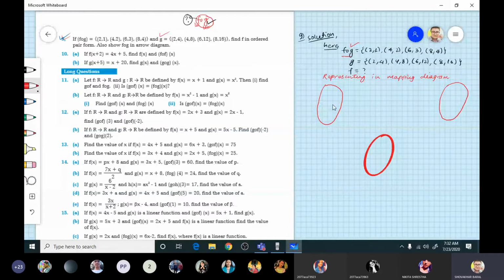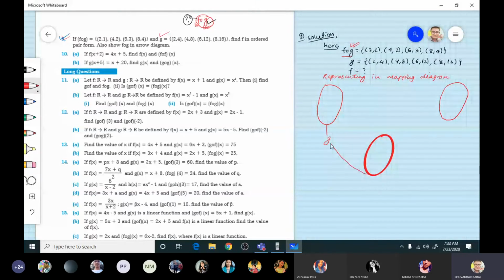Function g is given in f composite g. g is the first function and it's given there also. So let me join these two sets with function g. These two sets are connected by this function g.